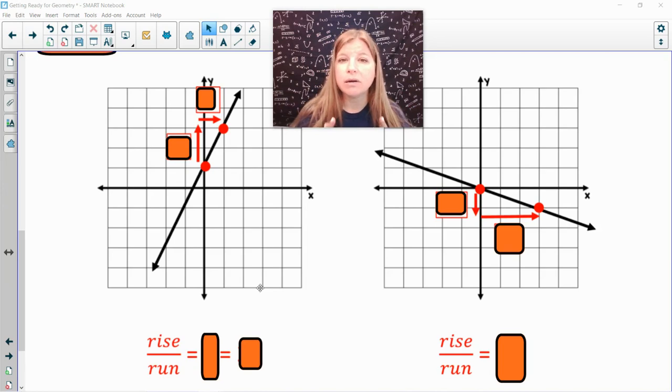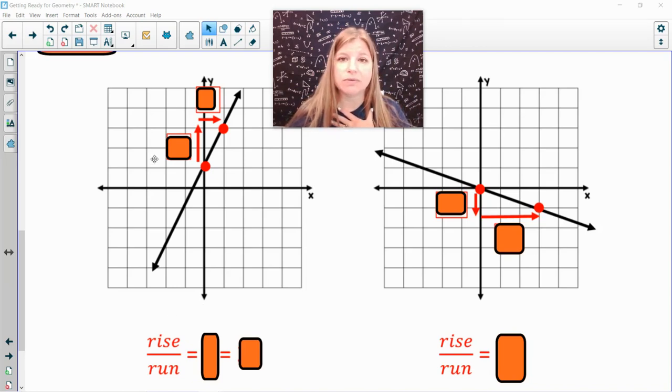Or when we're looking at a graph and we see exact points, points that go through the crosshairs of the grid, so we can really see those ordered pairs, we can just simply calculate it by doing the rise over run. You see, in graphs, they either go up and to the right, or they go down and to the right. So I'm always calculating my slope from left to right. I'm working from my leftmost point to my rightmost point. That's what I always tell my students to do. And there's really nothing much more to it.